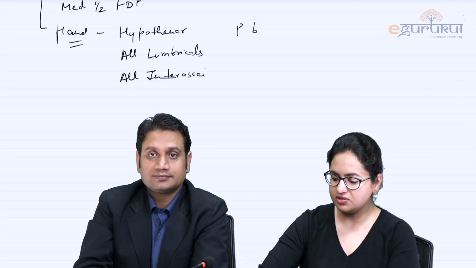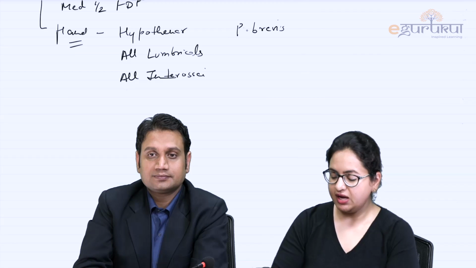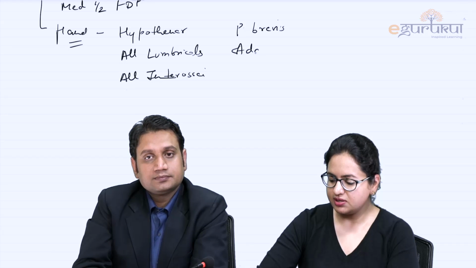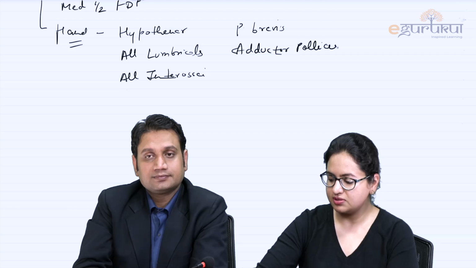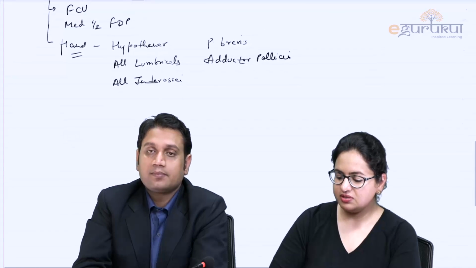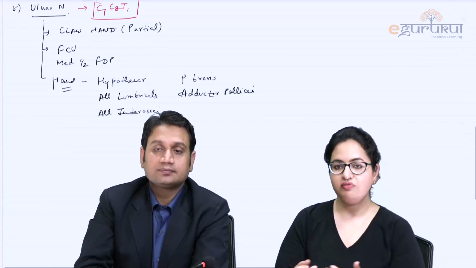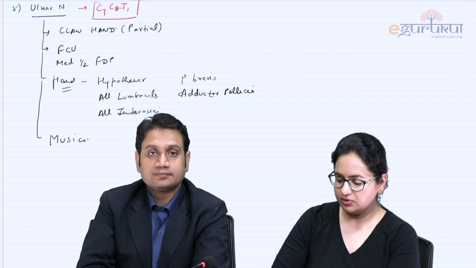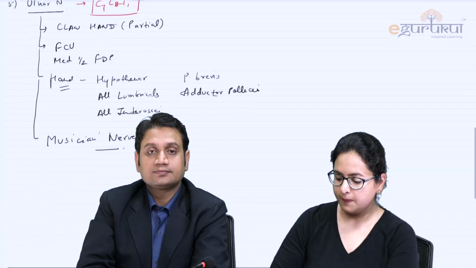And one of the thenar group muscles which is being supplied by the ulnar nerve is the adductor pollicis. This nerve, because it is supplying the majority of the muscles of the hand, is also considered the musician nerve.